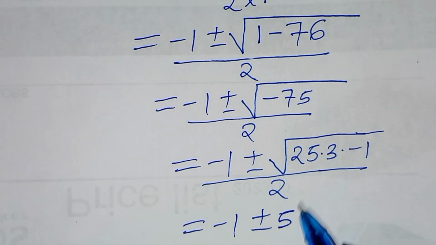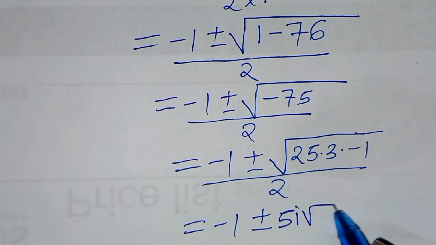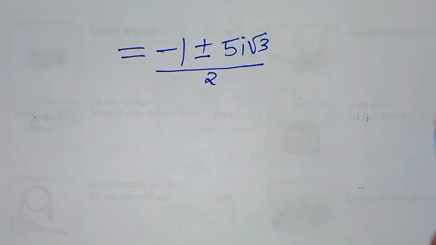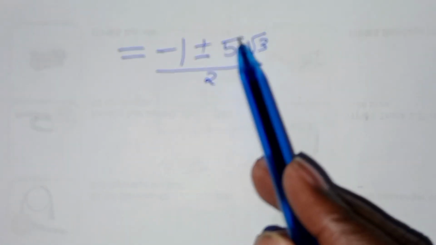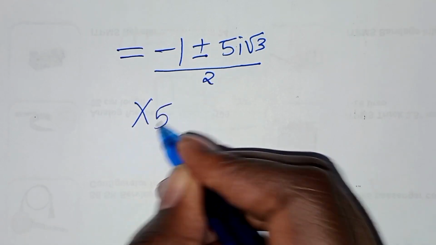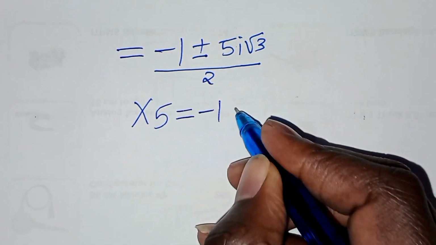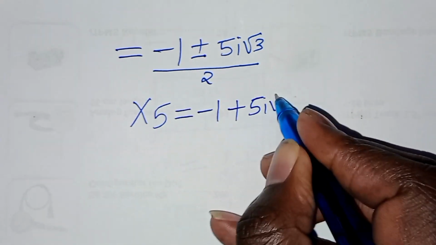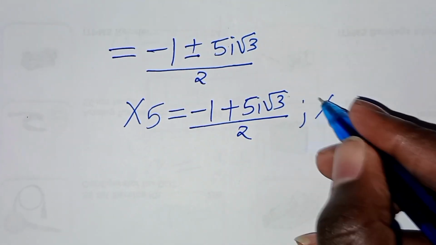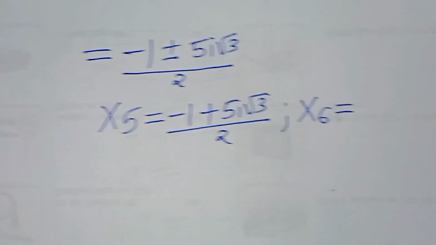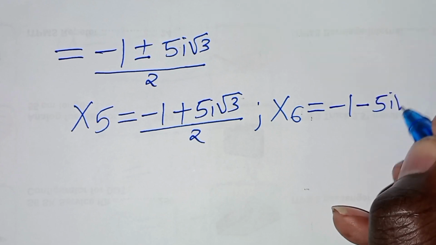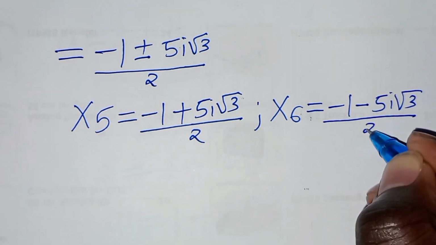The square root of minus 1, this is i, then square root of 3 divided by 2. Now we have minus 1 plus or minus 5i square root of 3 divided by 2. So this implies that x5 is equal to minus 1 plus 5i square root of 3 divided by 2. And we have x6, this is equal to minus 1 subtract 5i square root of 3 divided by 2.